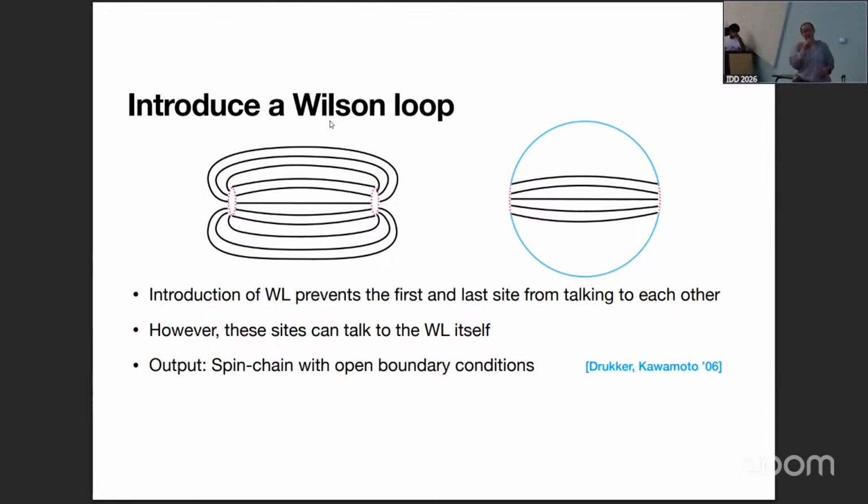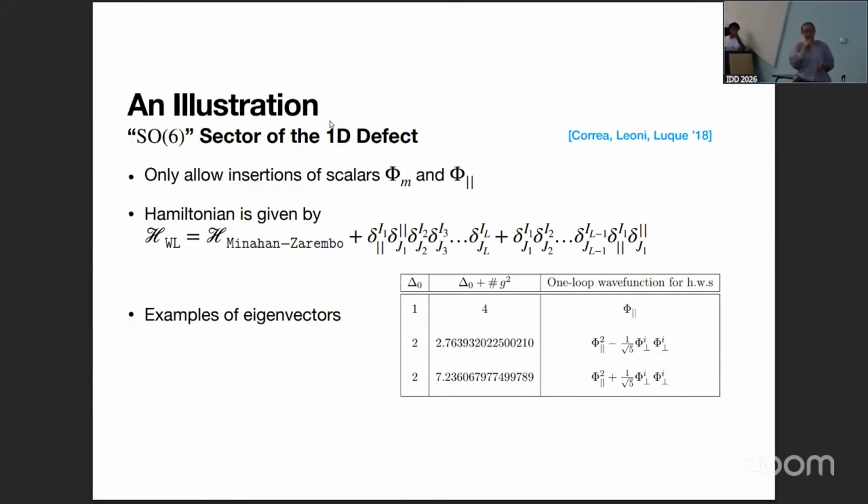And you can write down this correspondence, and of course you can get a Hamiltonian at one loop, which will be your known Minahan-Zarembo Hamiltonian plus some boundary terms, which correspond to coupling to the line. It was derived in this beautiful paper, and so you can get your anomalous dimensions and wave functions at one loop.